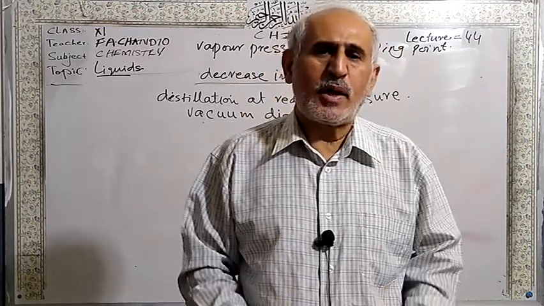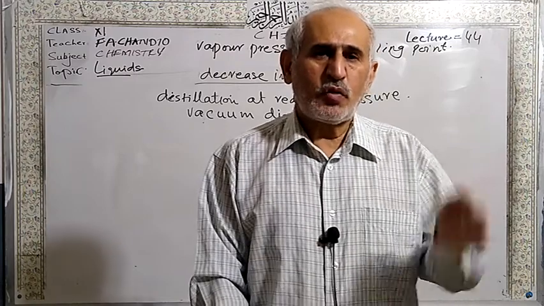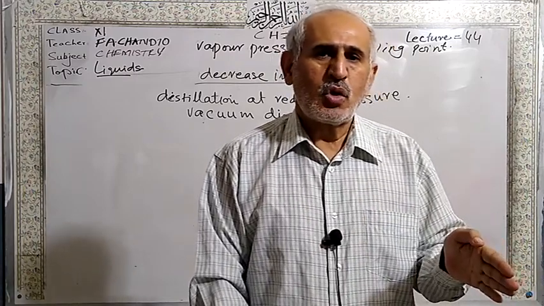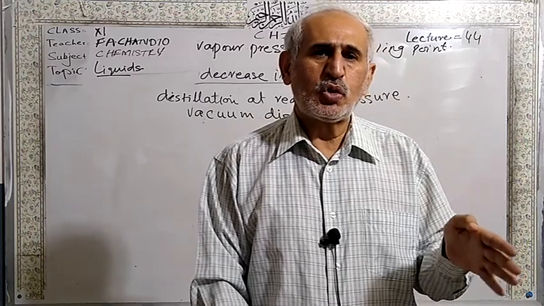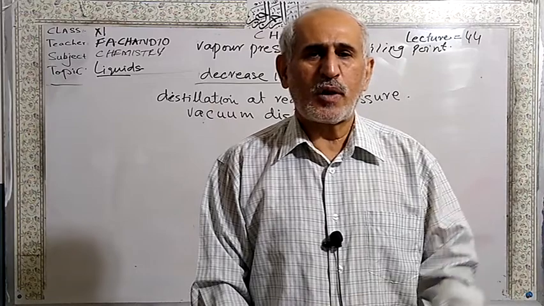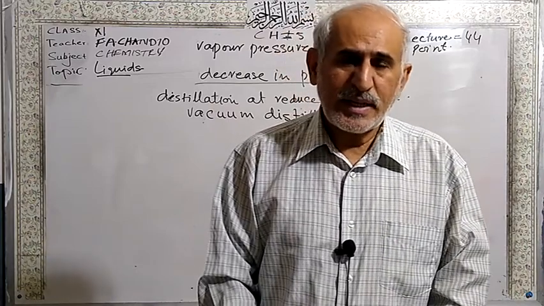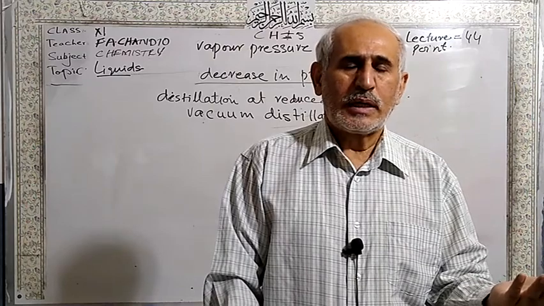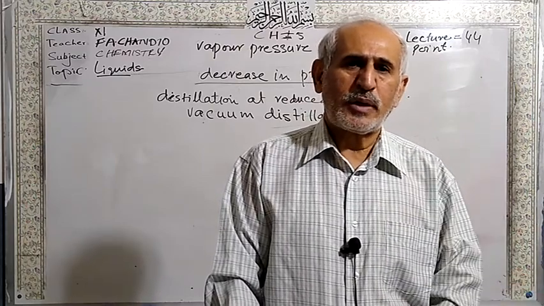So if it is contaminated, if it contains impurities, we are unable to use normal distillation to separate it from its impurities. The reason is that when you heat it, the vapor pressure is going to increase.